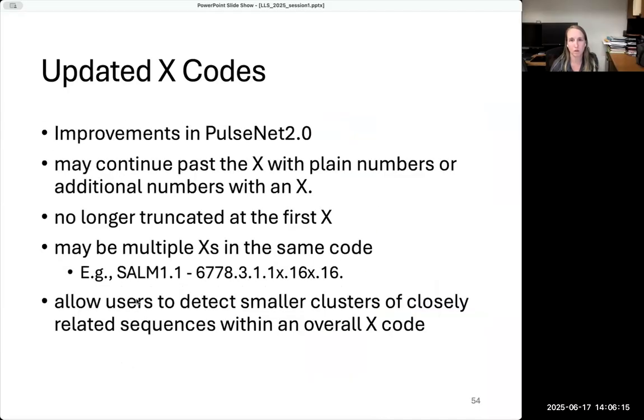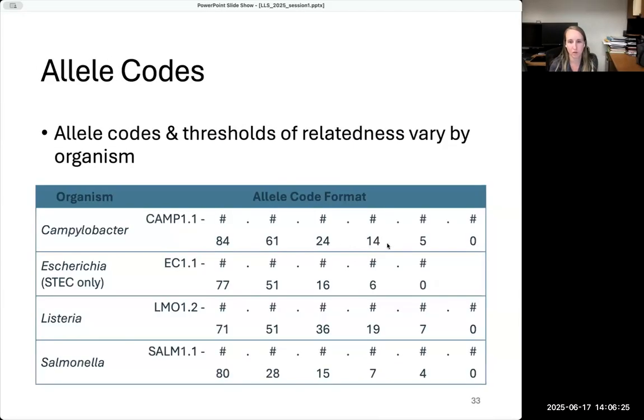The expected threshold is based on how the allele code format is set up. With Salmonella, the example we used before was 15, because they matched up to the 3rd digit. So it's based on the thresholds that correspond to each of the digits. That's where your expected threshold comes from.